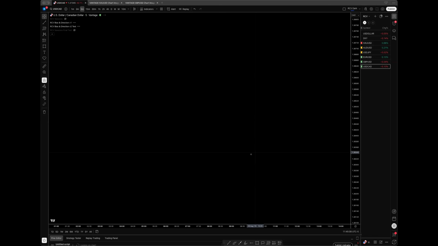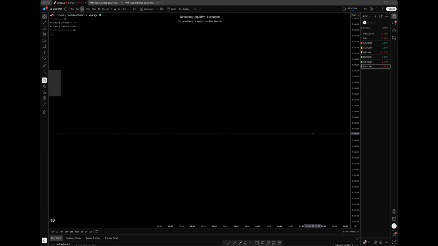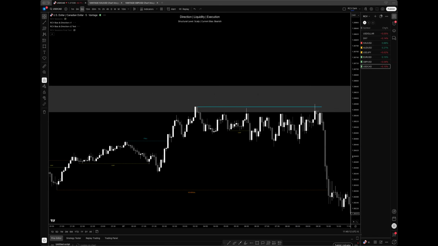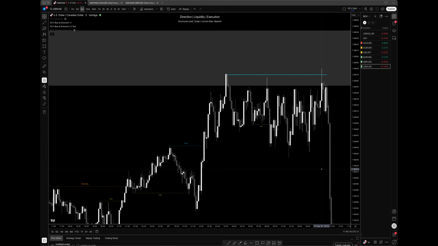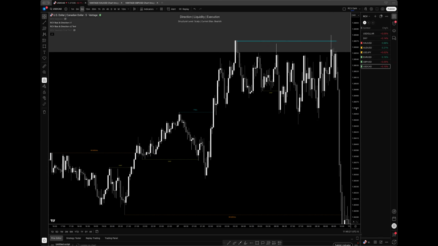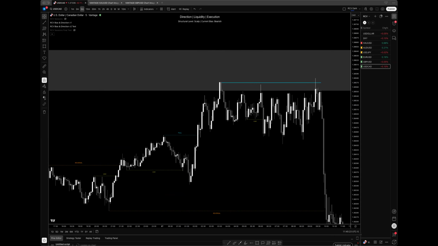My position was here. I was looking for a transition right into the downside. So clearly we are bullish here, because we need to be bullish in order to reach that H1 POI.